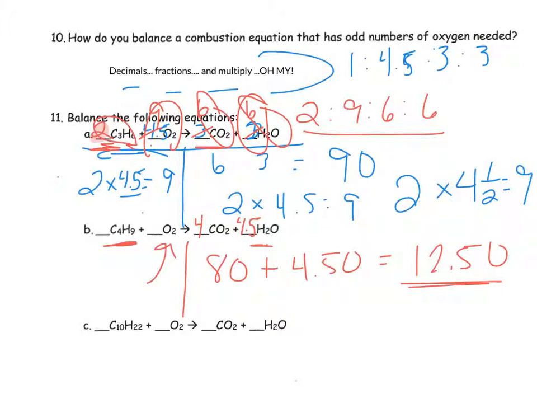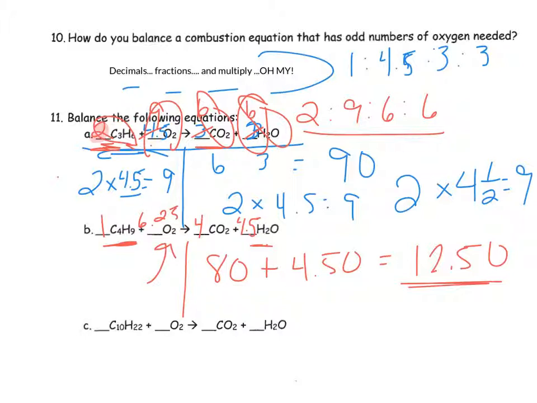And the answer is 6.25. Okay? So when I have a 1 to 6.25 to 4 to 4.5 ratio, all of my stuff is balanced. But I can't leave it like that. I have to go in and multiply everybody to get a whole number.